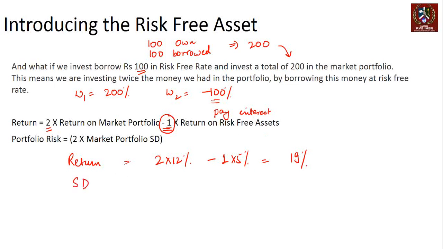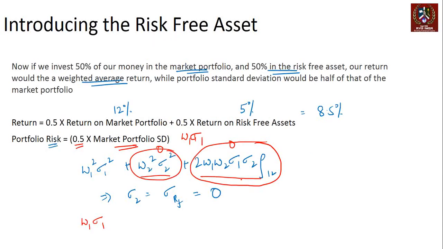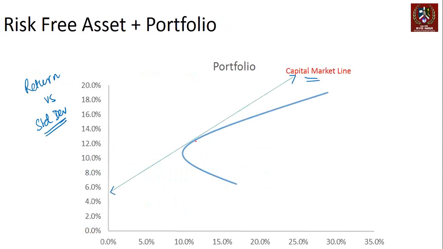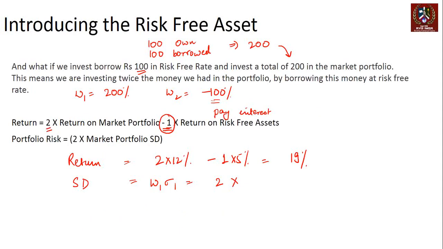What happens to the standard deviation? Once again, this will become W1 sigma 1. Weight 1 is 2 into sigma 1, whatever that sigma 1 is. Let's say sigma 1, if you look at our screen, if we say this is the portfolio here, then sigma 1 may be somewhere here. Let's call this at around 11% or something. So if sigma 1 is 11%, we're going to multiply this and that's going to become 22%.